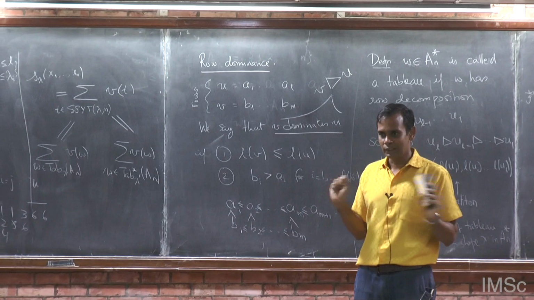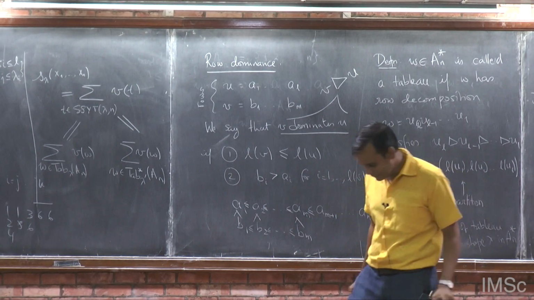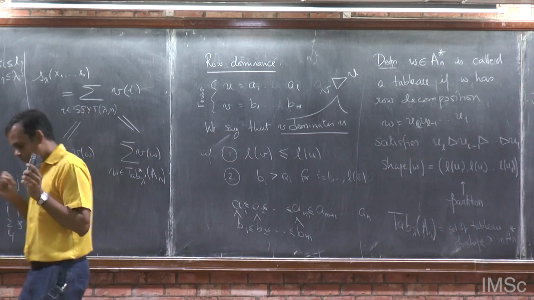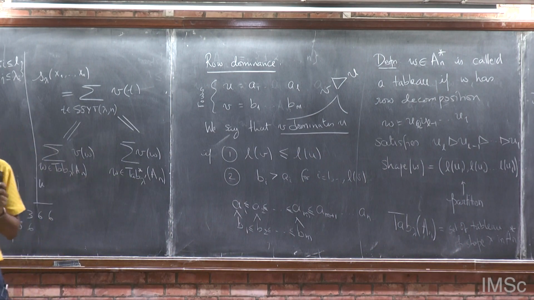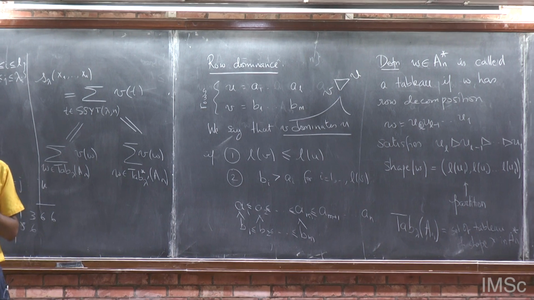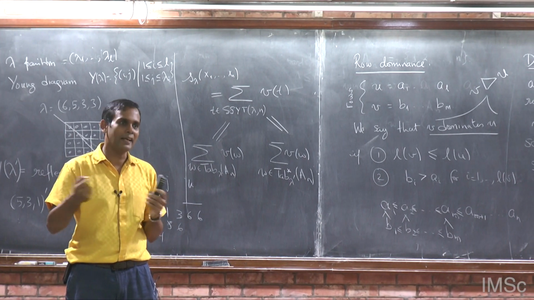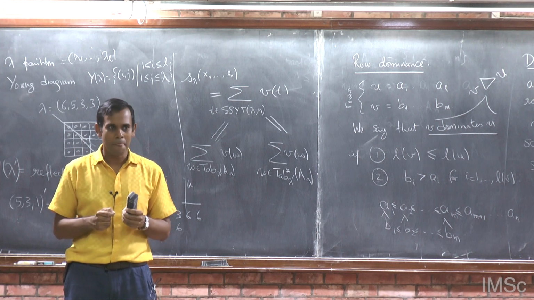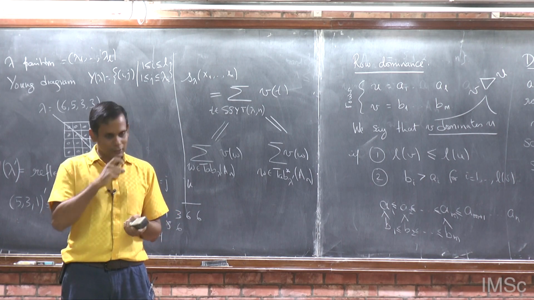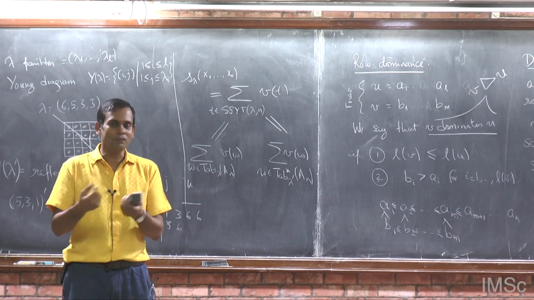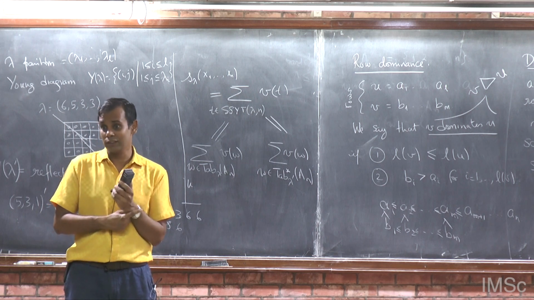Once you have read it, it is finished, and your goal is to find the length of the longest increasing subword. The alphabet 1 to n is an ordered alphabet. So I want to find the length of the longest increasing subword. Schensted starts off his paper by saying, let us try to find an algorithm for this.